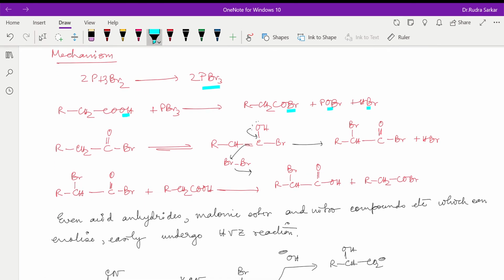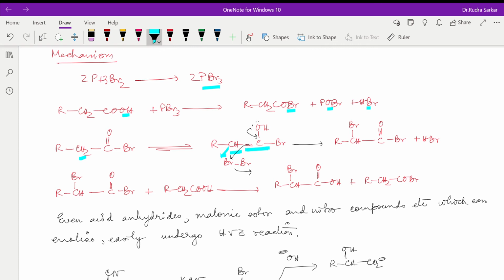Now the hydrogens are needed for the enolization. As we can see over here, it is forming an enol. That is why we need the hydrogens, otherwise the enolization does not take place, so the reaction does not take place. Now once the enol is formed, the double bond will further react via this particular carbon with the Br.